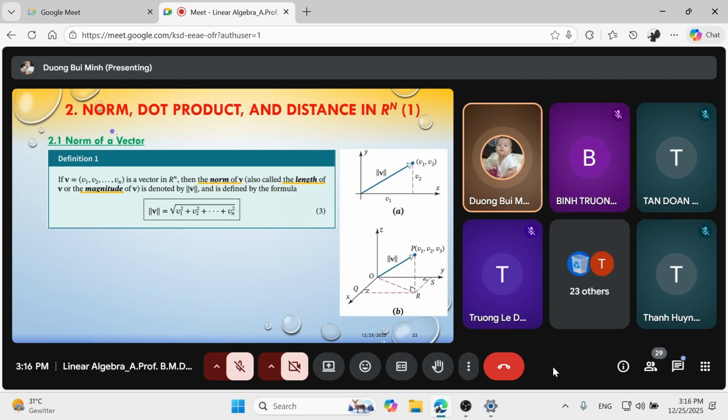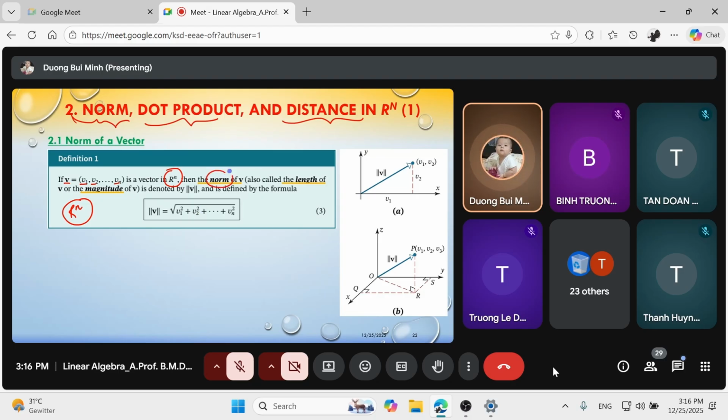So now we discuss norm, dot products, and distance. We have the definition of the norm. First of all, we have Rn, and we have vector V with n elements, V1, V2, up to Vn.